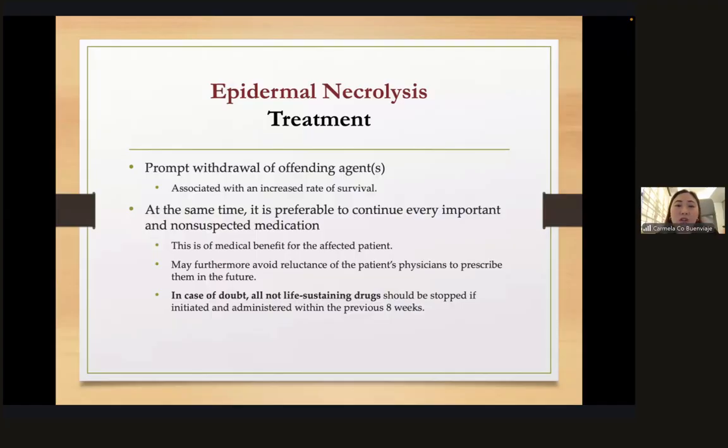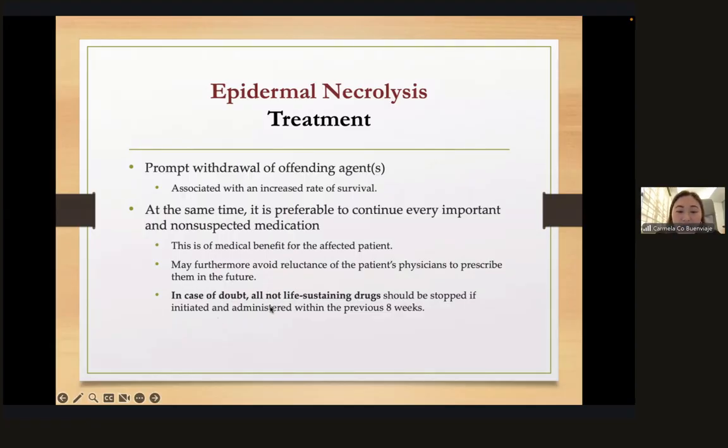So it's really important that you take a proper drug history, very detailed, and make a drug timeline so that you'll know which are suspect medications and which are not. This would be of medical benefit for the affected patient. Furthermore, it may avoid reluctance of the patient's physician to prescribe them in the future.